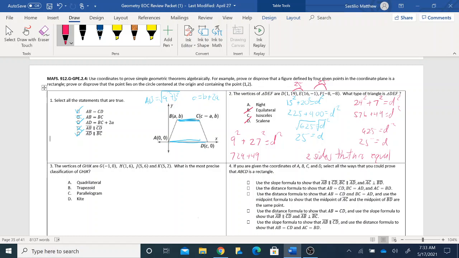And now we got to figure out if this is a right triangle or not. How would we check if this is a right triangle? Well, let's find the slopes of all the lines. I know this seems like a ton of work, I'm sorry.